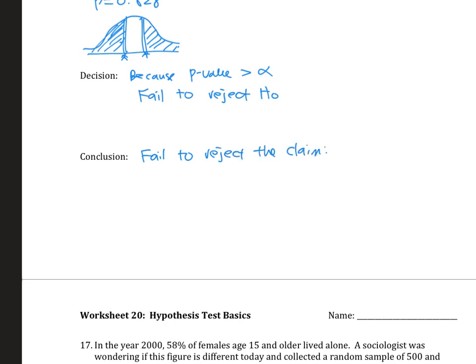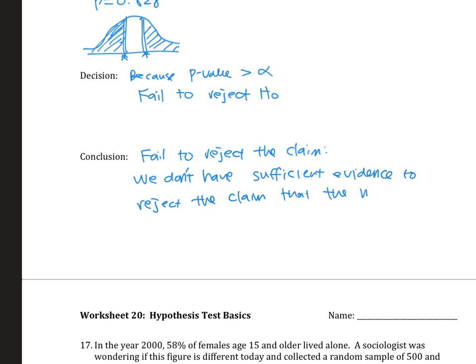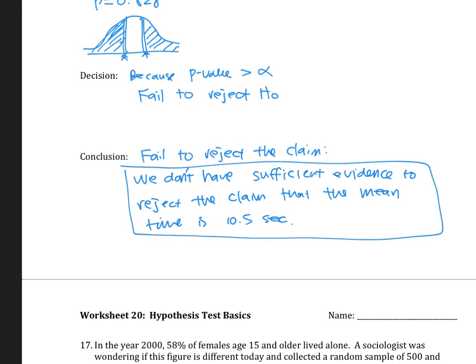My official answer is we don't have sufficient evidence to reject the claim that the mean time is 10.5 seconds. All right, so that's my official conclusion here. We don't have sufficient evidence to reject the claim that the mean time is 10.5 seconds. All right, so I'm going to have you finish the rest of the worksheet.